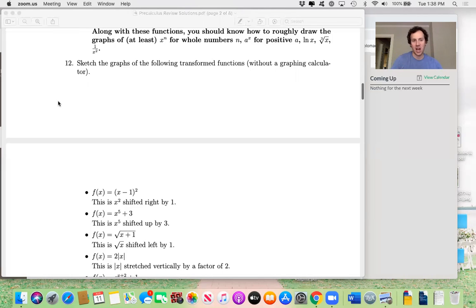Sometimes graphing isn't emphasized, and that's a choice teachers can make.